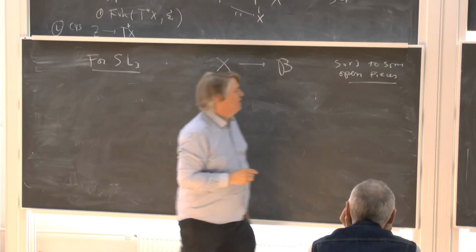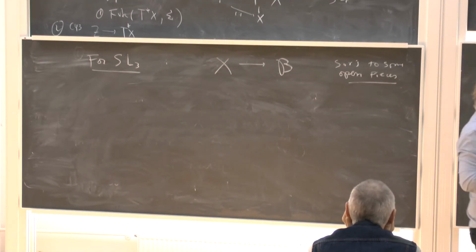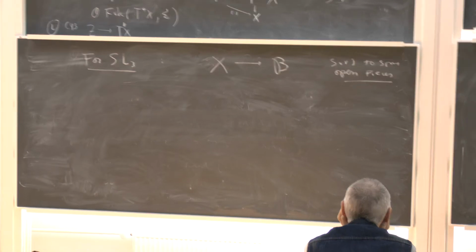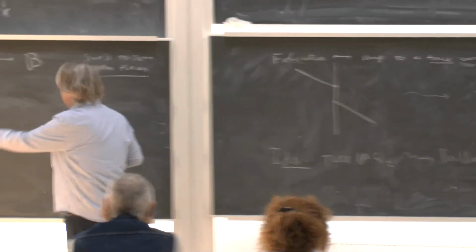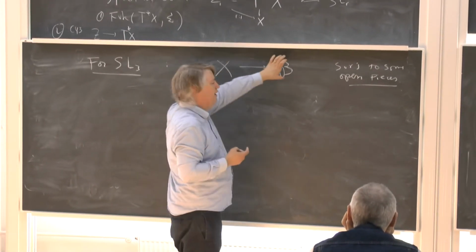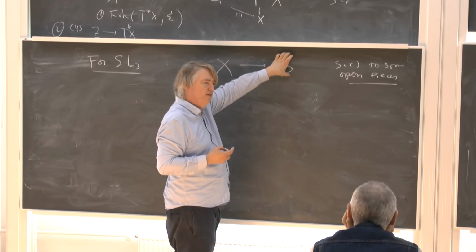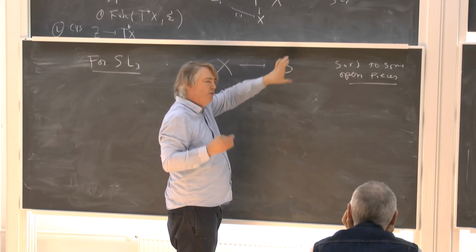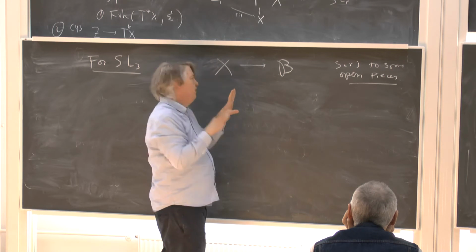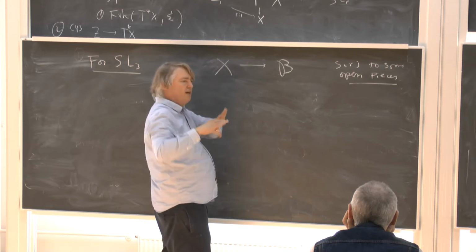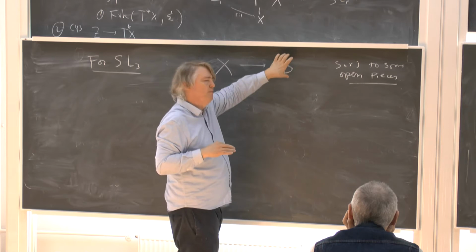So in the case of SL2, the building has real dimension 1, and our Riemann surface has real dimension 2. So the building is some kind of quotient of the Riemann surface. In the SL3 case, the real dimension is 2 here and real dimension 2 here also. Okay. So we expect that the Riemann surface covers at least some open pieces of the building.